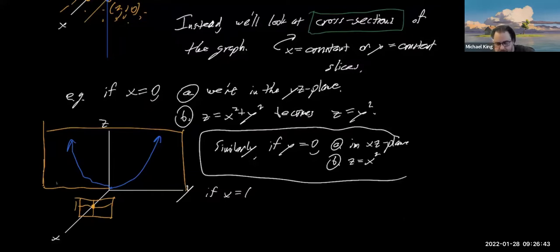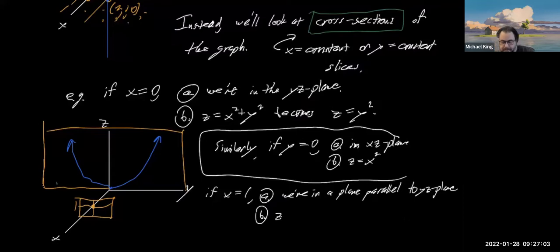So again, A, we're in a plane parallel to the YZ plane. And B, z equals x squared plus y squared becomes z equals 1 plus y squared. So that slice is also a parabola, but it's shifted up 1.